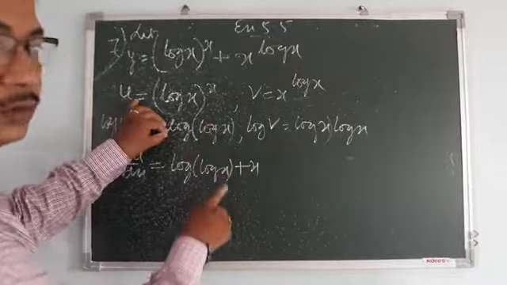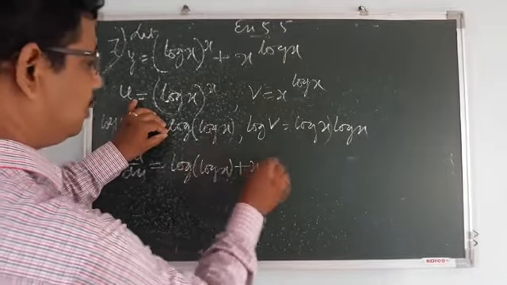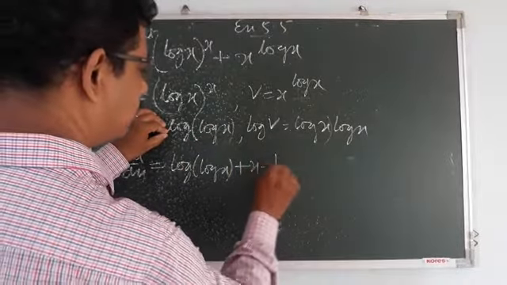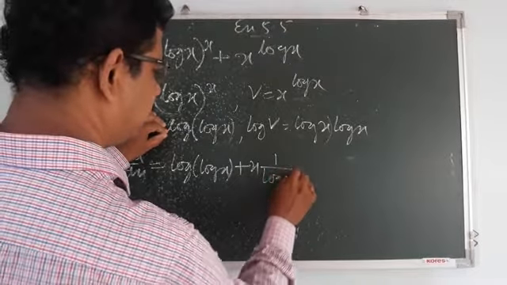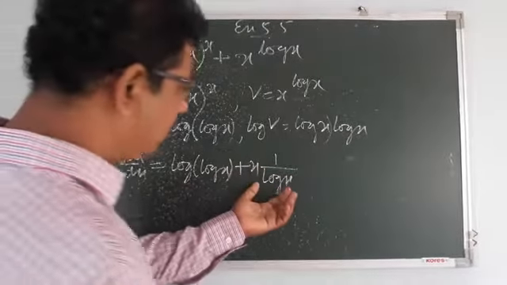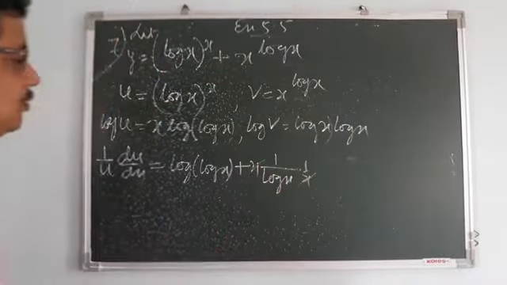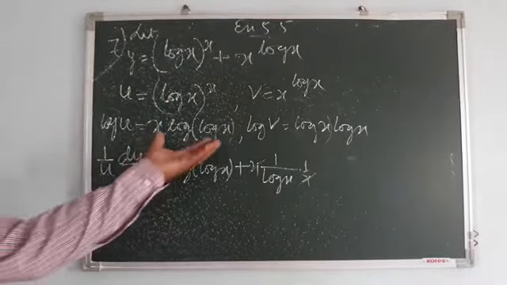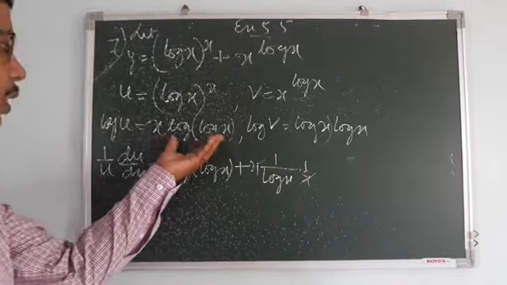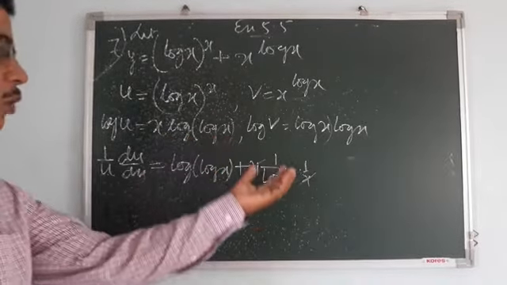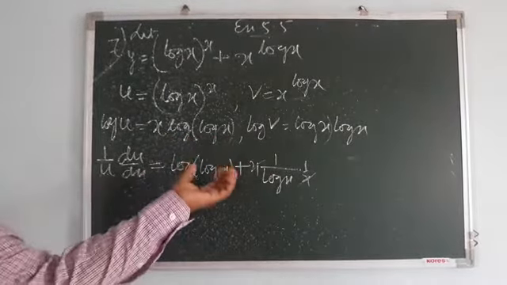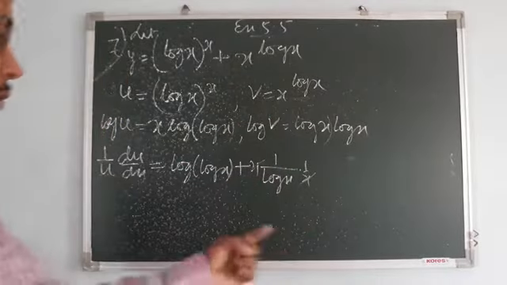Logarithm of this, if we differentiate, in place of x it is log x, so 1 by log x. Then log x, if you differentiate, it will give 1 by x. So these two will cancel. I again want to repeat: differentiation of logarithm of log x means 1 by log x, and this log x, if you differentiate again, it will give 1 by x.